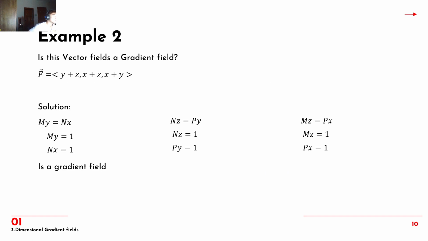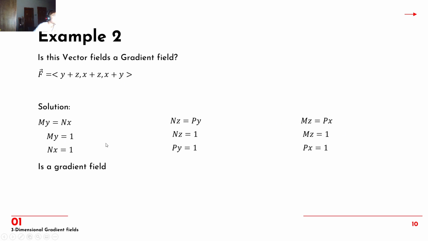So let's do an example to check the three-dimensional gradient field. Vector F, so y plus z, that is M, x plus z, that is N, and x plus y, that is P. So we just need to differentiate M with respect to y, we got 1, N with respect to x, we got 1, and N with respect to z, we got 1, and P with respect to y, we got 1, and with respect to z, we got 1, and P with respect to x, we got 1.